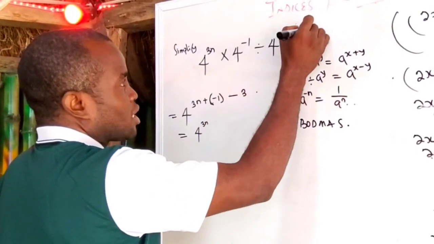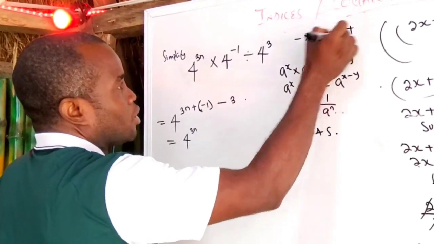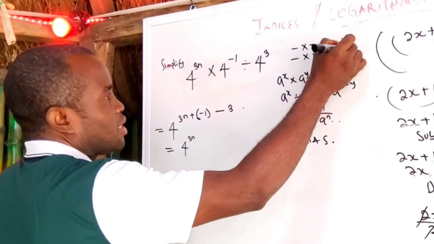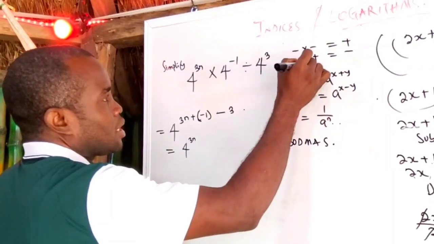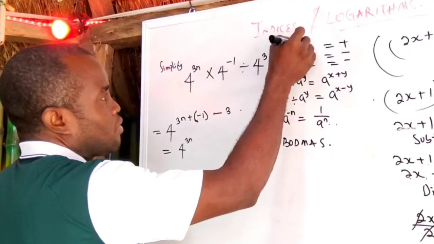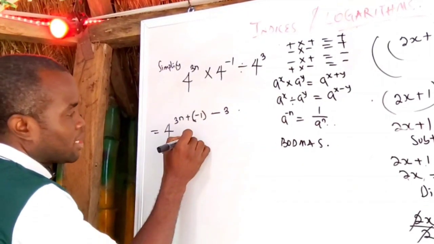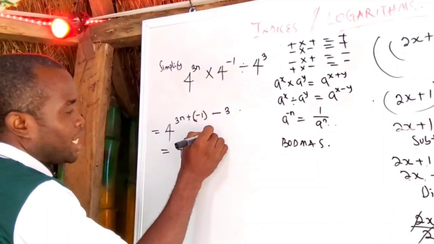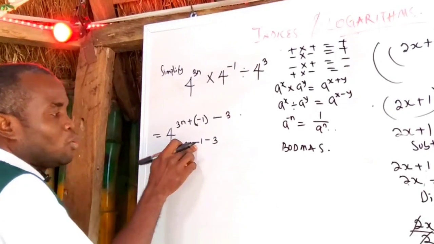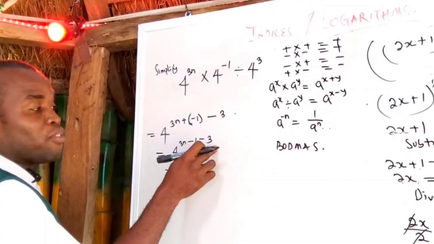Take note of this: minus multiplied by minus equals plus, positive by negative is negative. So because of this bracket, this is minus 1, minus 3. You are in deficit of 1, and another deficit of 3.